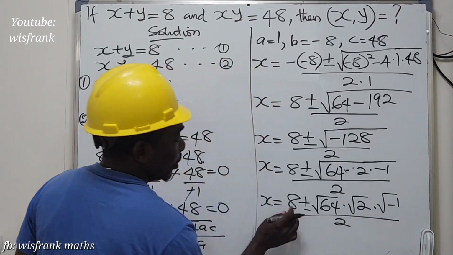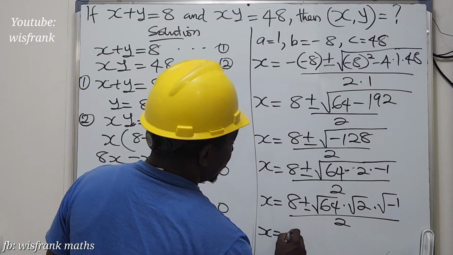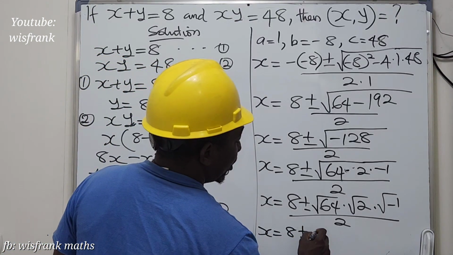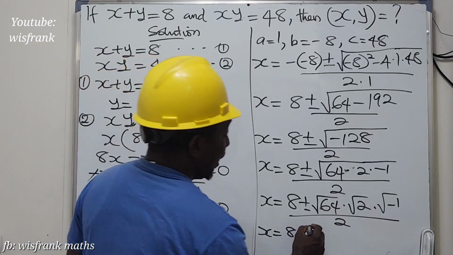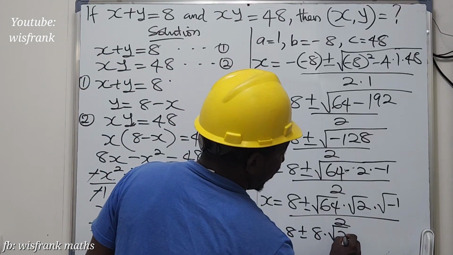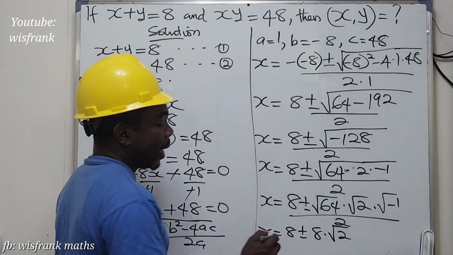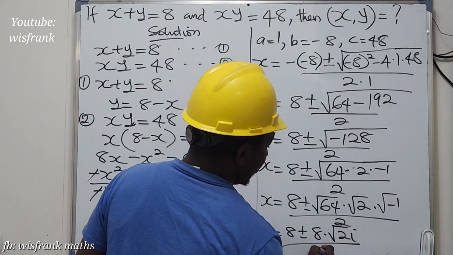It's the same thing as x equals 8 plus or minus the square root of 64, which is 8, times the square root of 2, times the square root of minus 1, which is iota, i, all over 2.